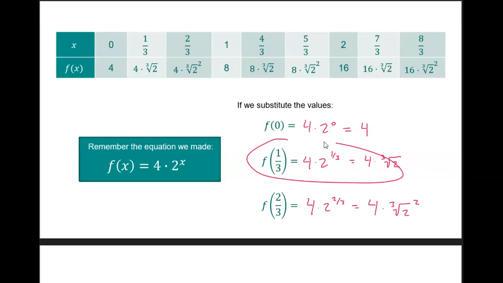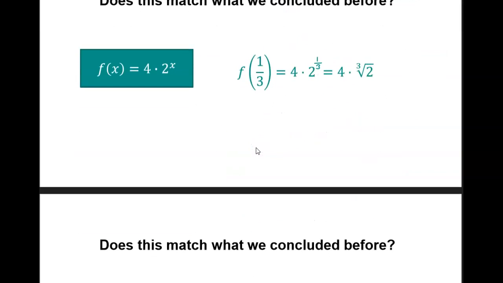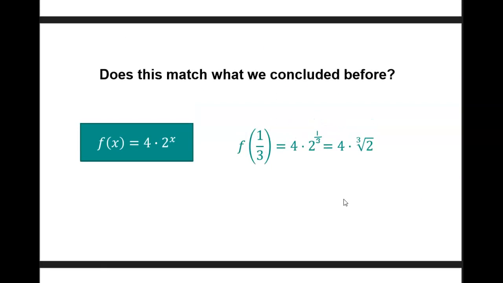Okay, so let's zoom in on this one again. And is this similar to what we concluded before? Well, yeah, look, so we had 3 in the denominator now, and it looks like it turned into a cube root. Remember, we can cancel both these 4's by dividing by 4, and we just get 2 to the 1/3 equals cube root of 2.